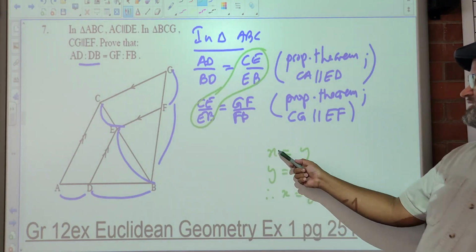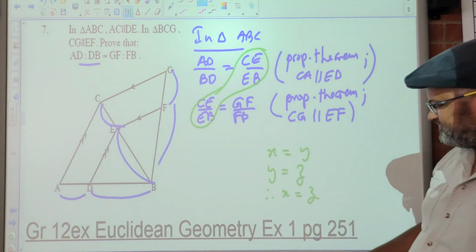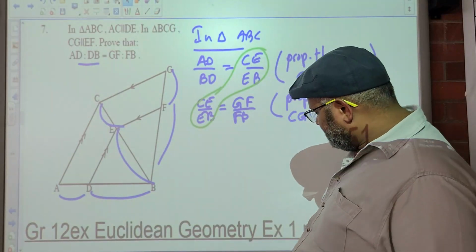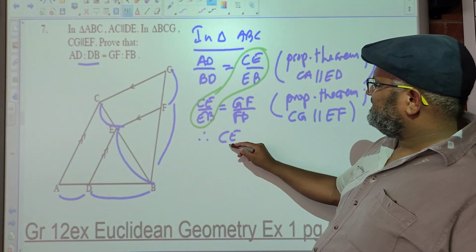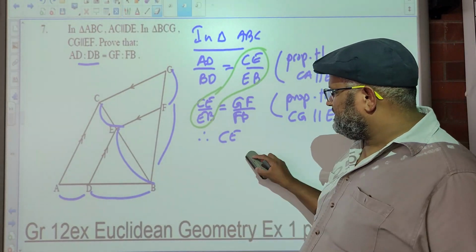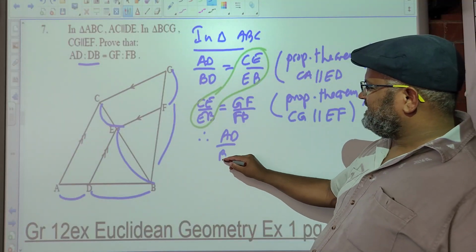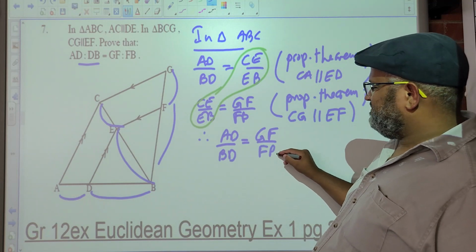Not so? If x is equal to 2 and 2 is equal to z, both have to be 2 anyway. So with that in mind, we can say, therefore AD over BD is equal to GF over FB.